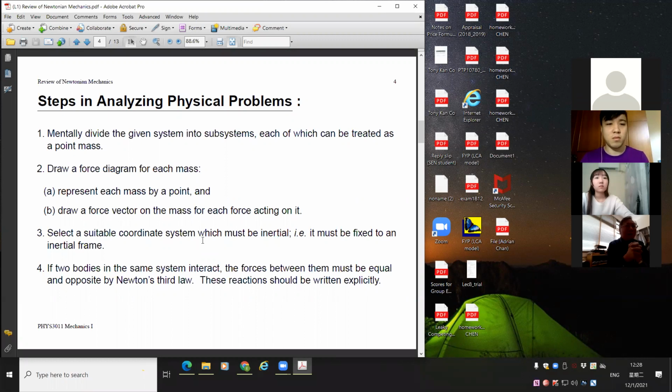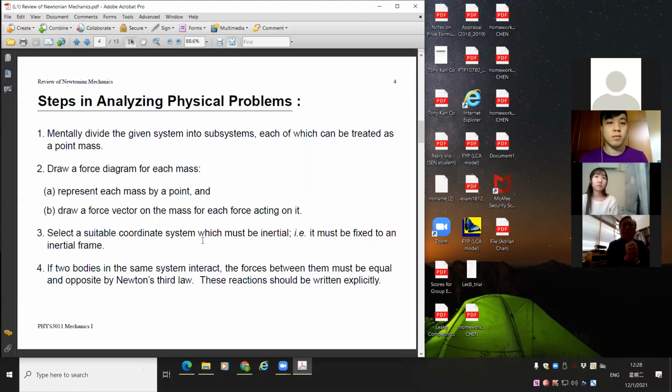Okay, if you don't choose the inertial system, then the physics may appear to be different. If you don't incorporate the appropriate fictitious forces, then your physical interpretations will be different and will depend on your system.